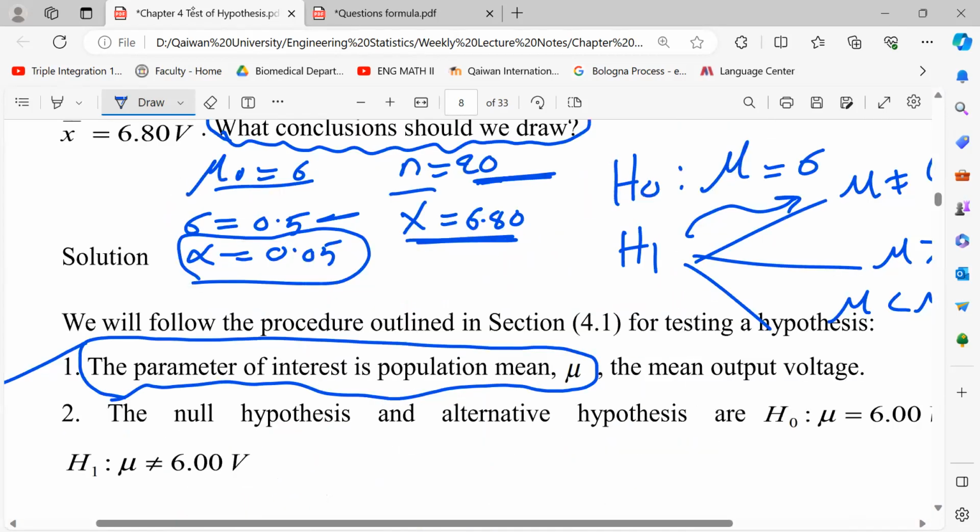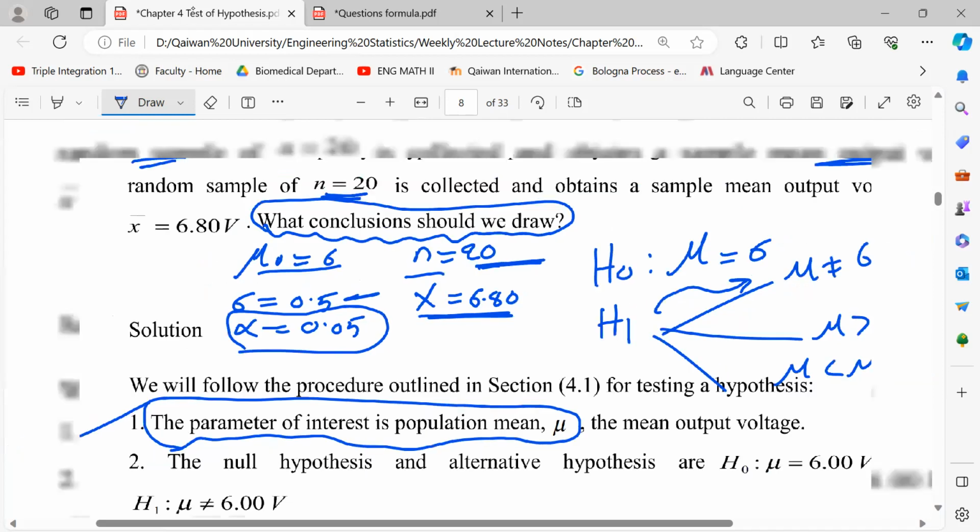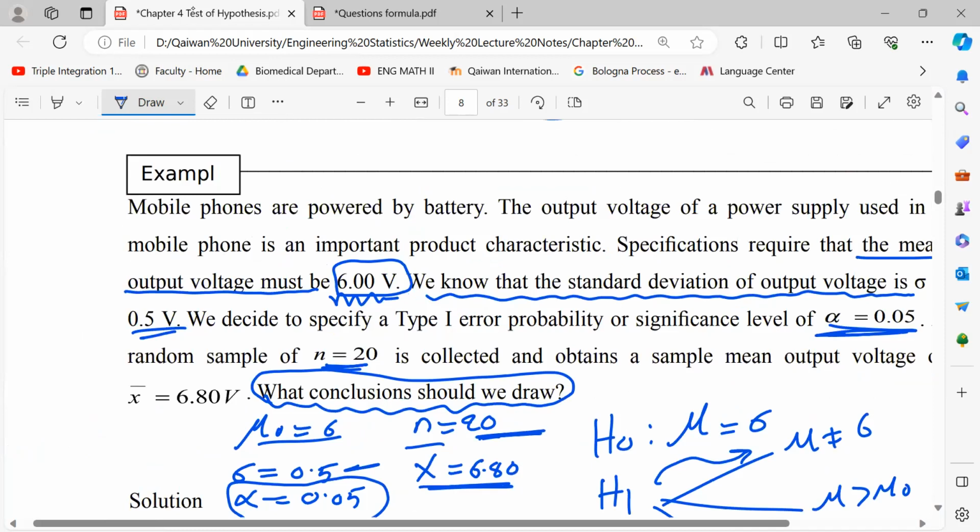Then in the second step, we state the hypotheses. We have two hypotheses: the null hypothesis and the alternative hypothesis, which are H0 and H1. What's H0? H0 is the case that is given here. It says it must be 6.